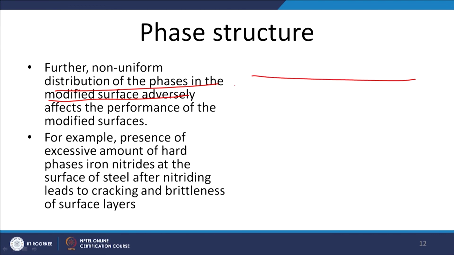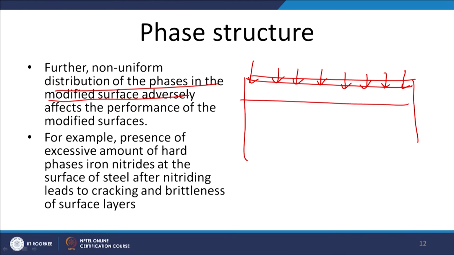And a good example of this is, like during the nitriding, a large amount of the high nitrogen rich iron nitride is formed just at the surface layer, which leads to the embrittlement of the surfaces, while the low nitrogen rich nitrides are formed in the subsurface zone with the required combination of the hardness and the reasonable toughness, so that it can really offer the required set of the properties. So, not just the higher hardness is important, but it is also important how the different constituents are distributed in the matrix to offer the required set of the properties.